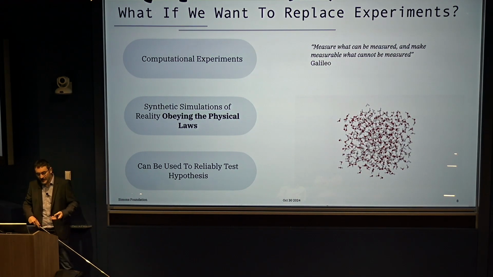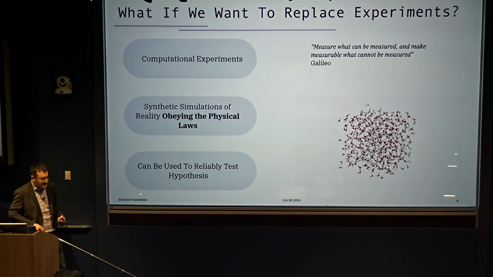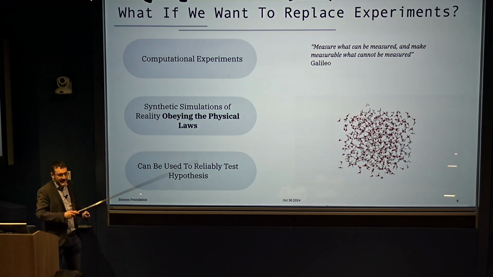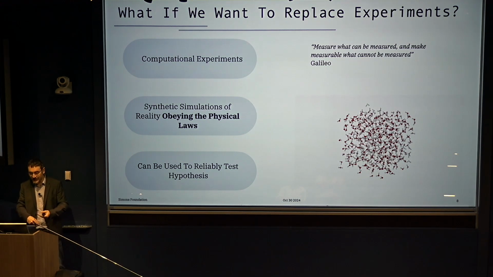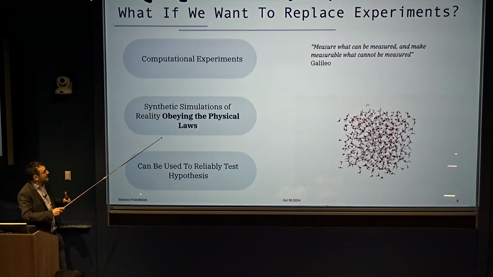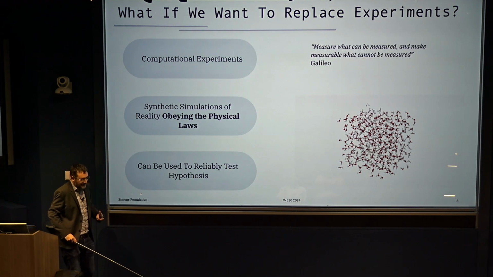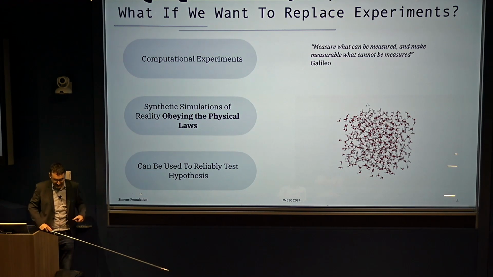So rather than going in a lab and performing the experiment ourselves or asking somebody to perform the experiment, there are some cases where we can rely on experiments that are performed computationally, in a computer, and that we know obey the laws of physics that we want to test, and that will allow us also to test a more general theory that we have.